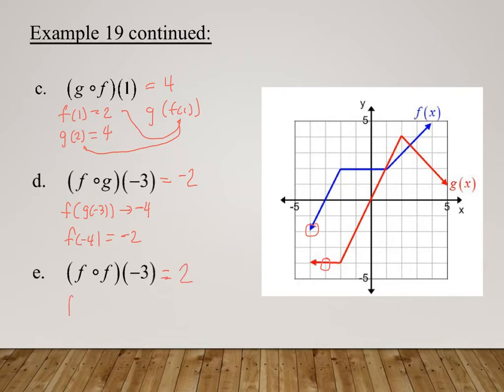So again, f of f of -3 is equal to f of, so f of -3, 1, 2, 3 is 0. So now I'm evaluating this at 0, and now at 0 I see f is there, right? So f is at 2.